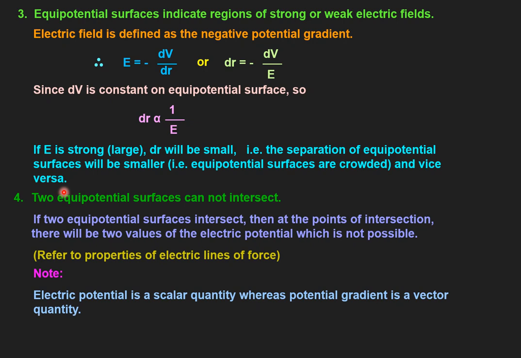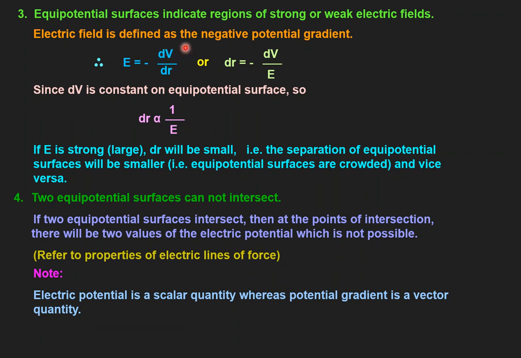So what we can say now, electric potential is a scalar quantity whereas potential gradient is a vector quantity. Dear students, this equation is very important. This is the connection between electric field and potential. You must mind, electric field is a vector quantity, but potential is a scalar quantity.